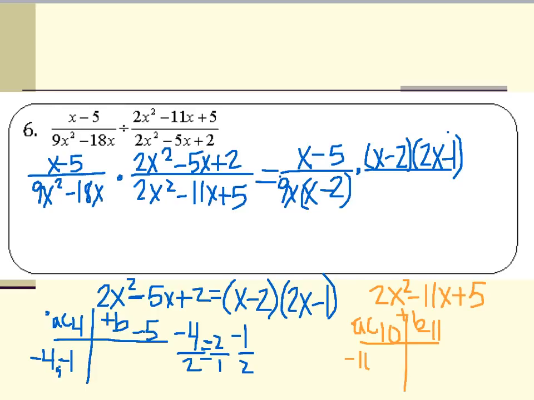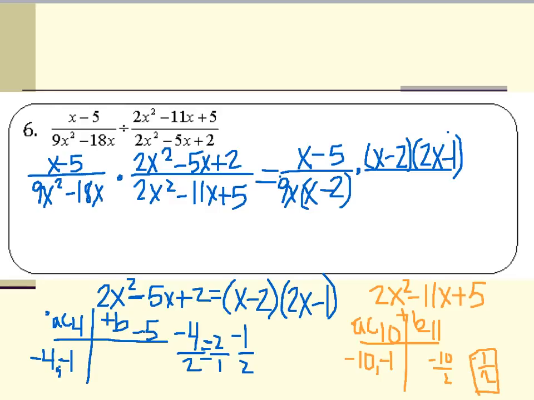So negative 10 times negative 1. If I multiply that, I'll get positive 10, and it does indeed add up to negative 11. So I'm going to take both those two terms, negative 10 and negative 1, and divide them by my A. This one is already in reduced form.